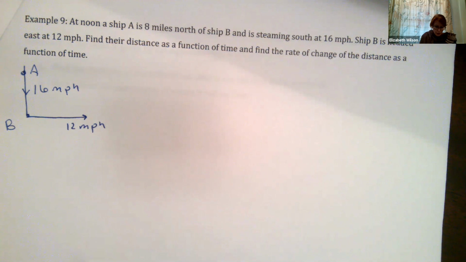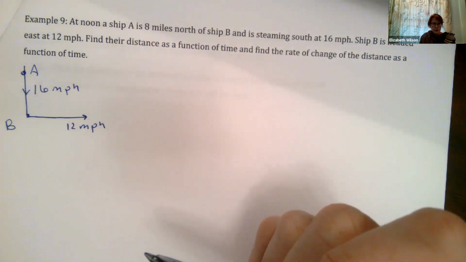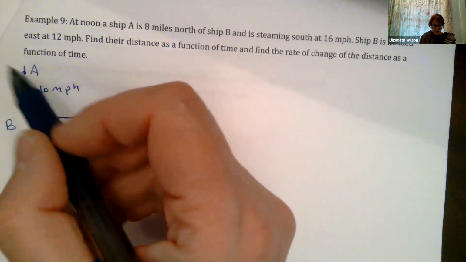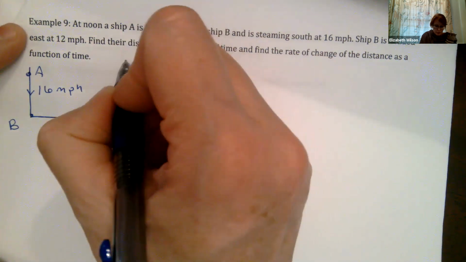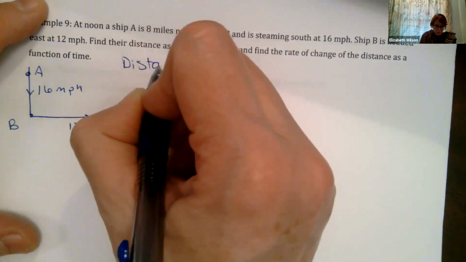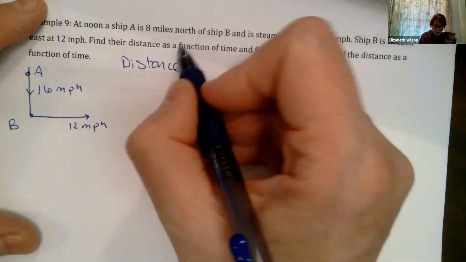So I like to do this because it's going to help me set up a coordinate system, and I'm going to use that to help me figure out my distance, which is like my distance formula.